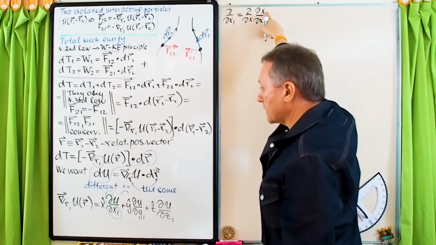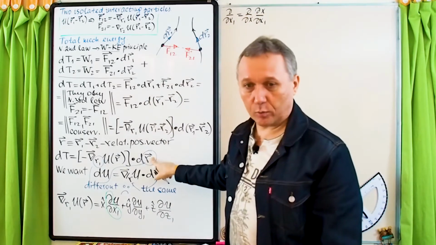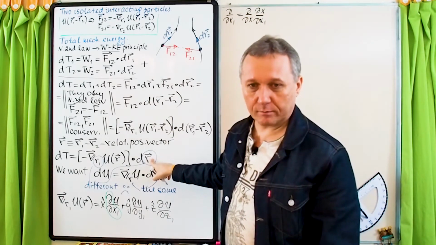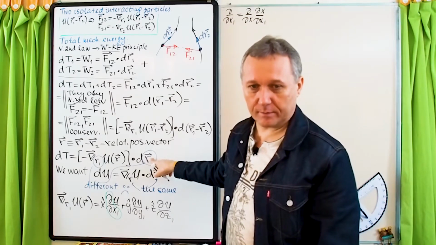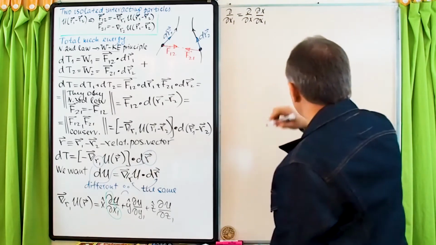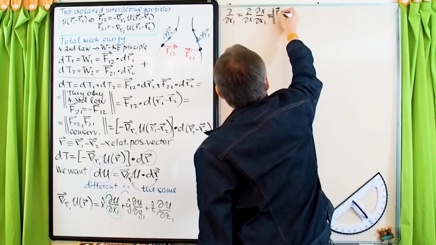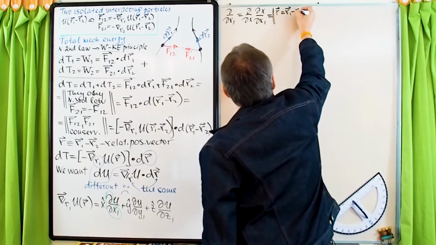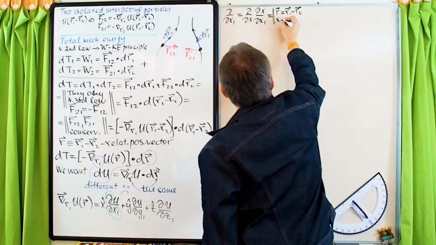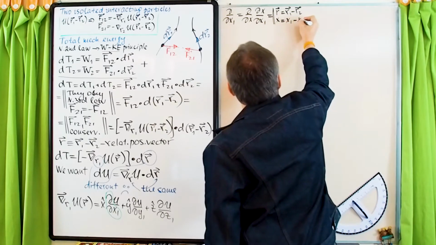Again, what is x? x is a coordinate of this relative position vector, so x, y, z. Let me remind you, r is r1 minus r2. As a result, of course, x equals x1 minus x2.